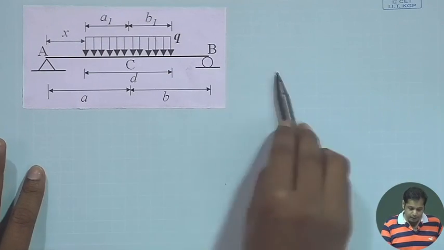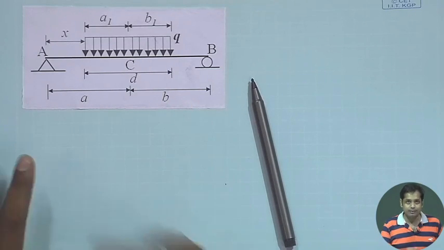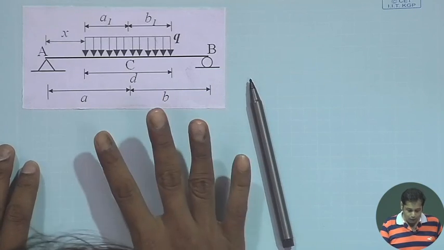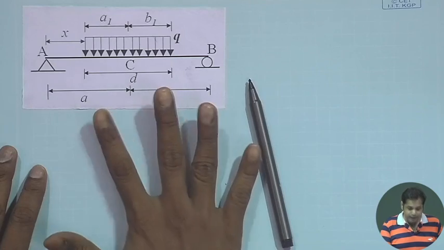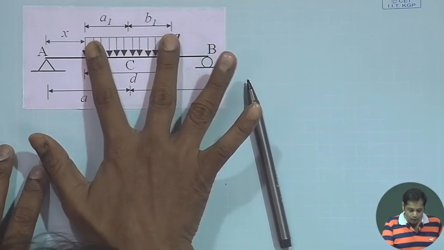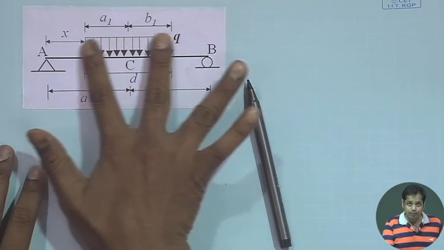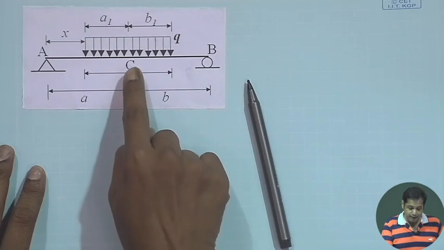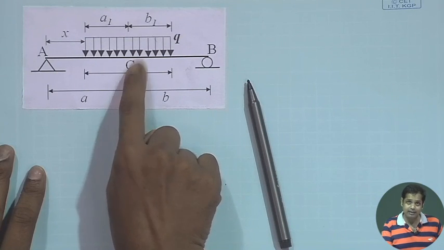But A and B remain constant because they decide the location of C. What we are interested in is how this load is to be placed such that the bending moment at C is maximum.